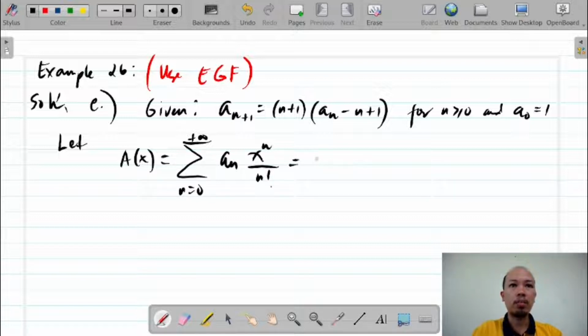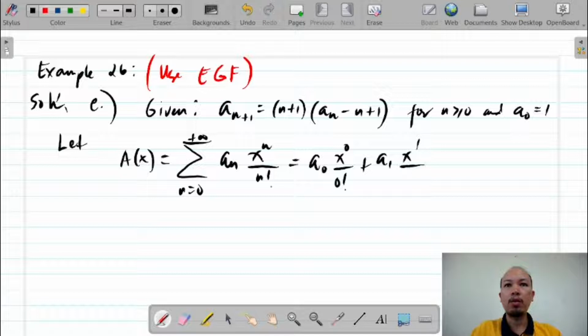So let's try to expand. I didn't expand this one before, but let's try to expand this. This is x to the 0 over 0 factorial plus a sub 1 x to the 1 over 1 factorial plus a sub 2 x squared over 2 factorial and so on and so forth.